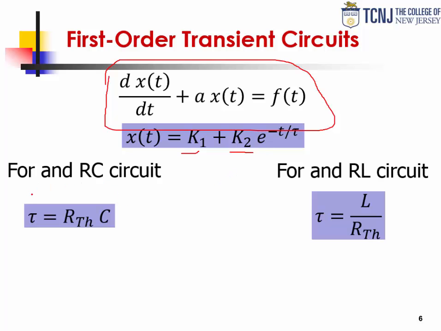For an RC circuit, tau is the Thevenin equivalent of the resistors in the circuit times the capacitance, and for an RL circuit, tau is the inductance divided by the Thevenin equivalent of the resistors in the circuit. These are the resistors in each case that apply to the capacitor or the inductor in the first order transient circuit.